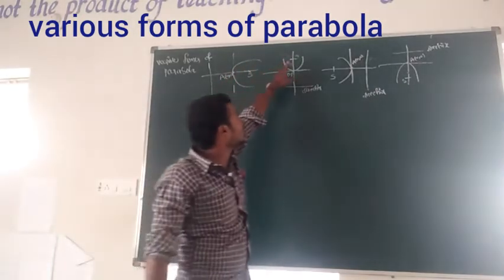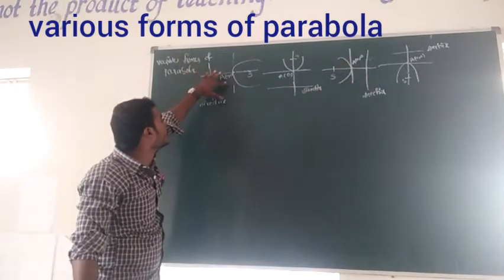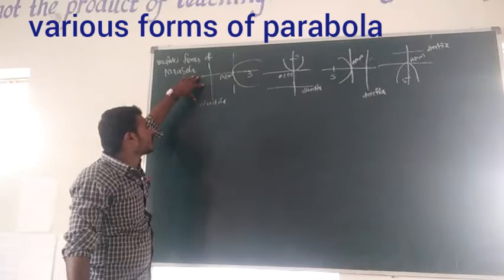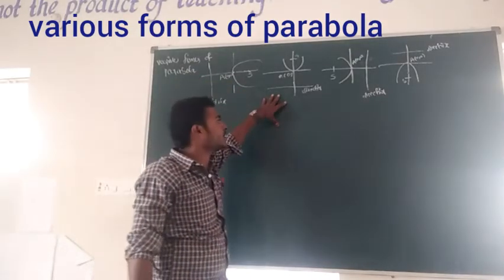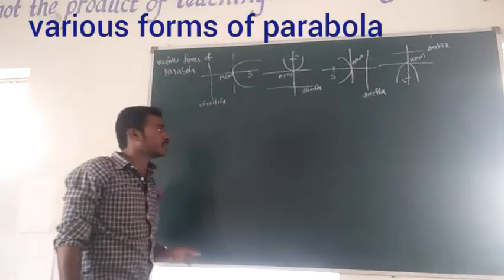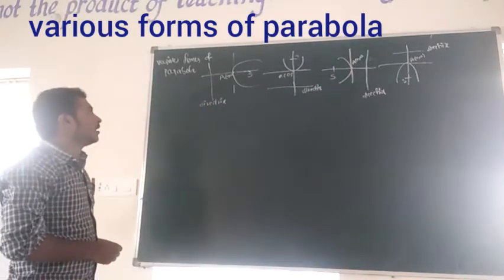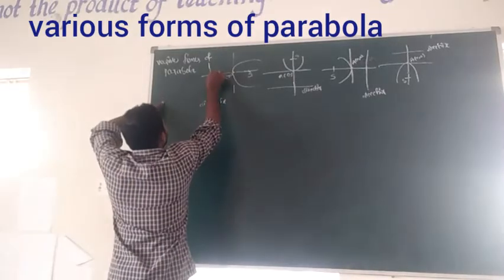Here S, and here also focus, and outside of the curve, the line parallel to the curve is called the directrix. This line is the directrix, this line the directrix, and that one is also the directrix. Now after getting the directrix, we take the foot.